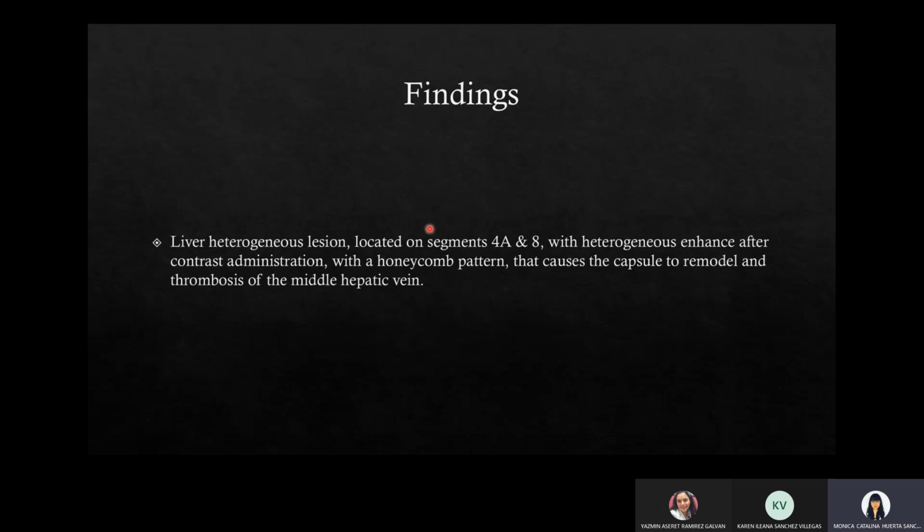So the findings that we found are a heterogeneous lesion located in segments 4A and 8 that has some enhancement in some areas of the lesion corresponding with a honeycomb pattern, and that is causing a remodeling of the capsule of the liver and a thrombosis of the middle hepatic vein.